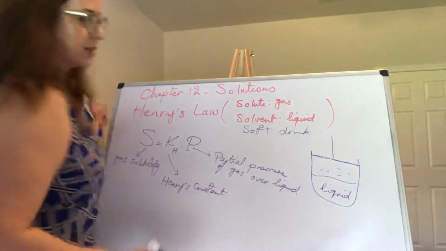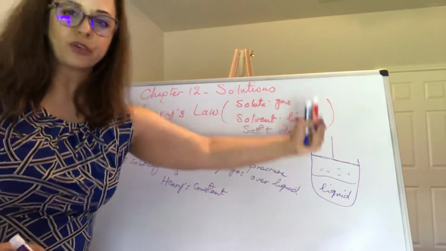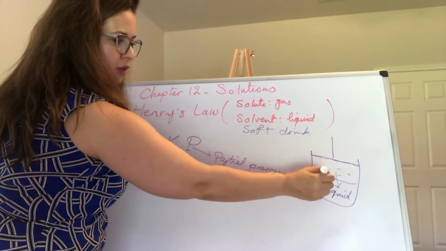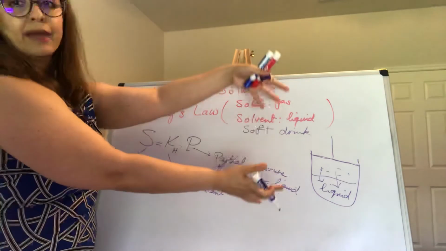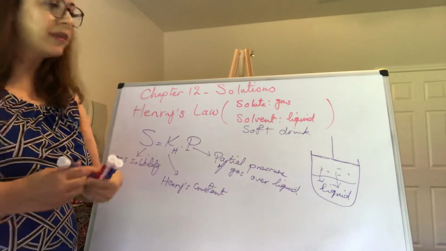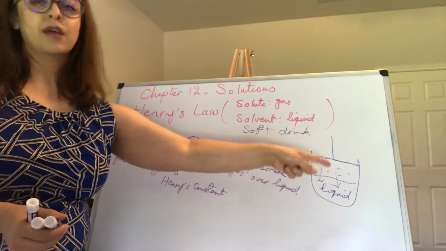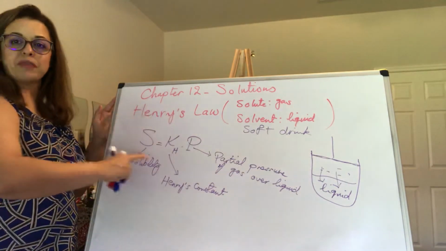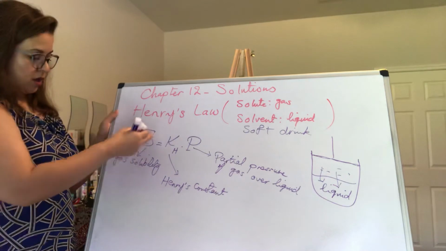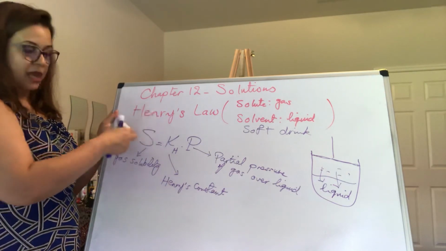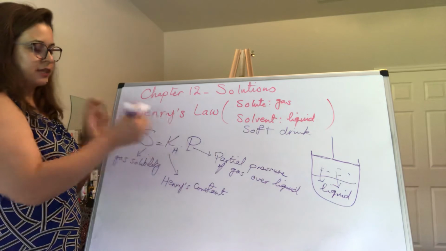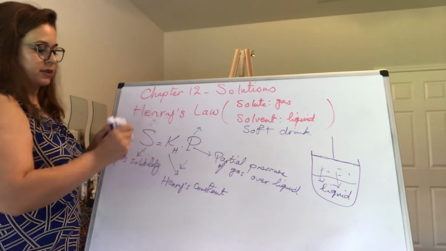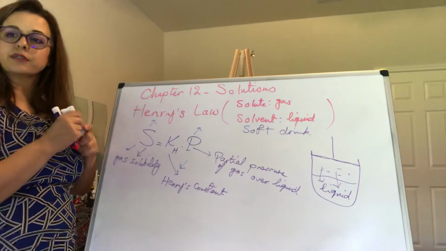You can imagine that by increasing the pressure, more gas molecules will go to the liquid phase. By decreasing the pressure, you will have fewer gas molecules. It's explained in this mathematical form. By increasing the pressure, solubility increases, and by decreasing the pressure, solubility decreases.